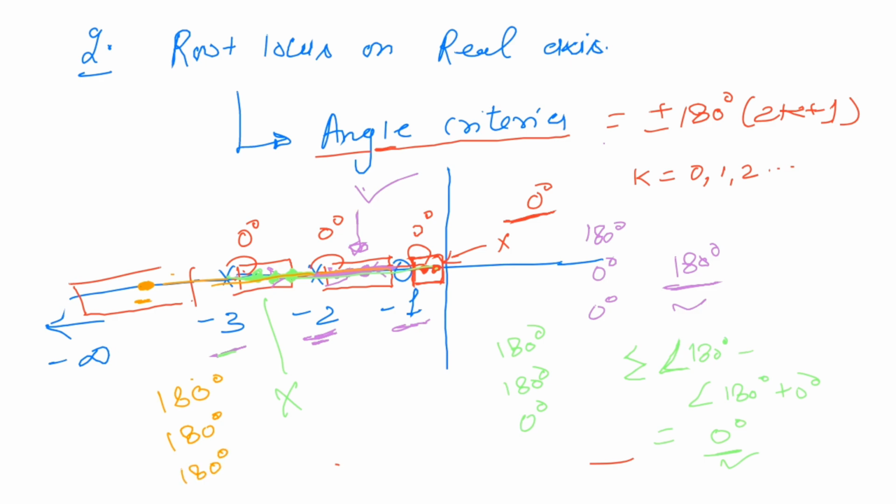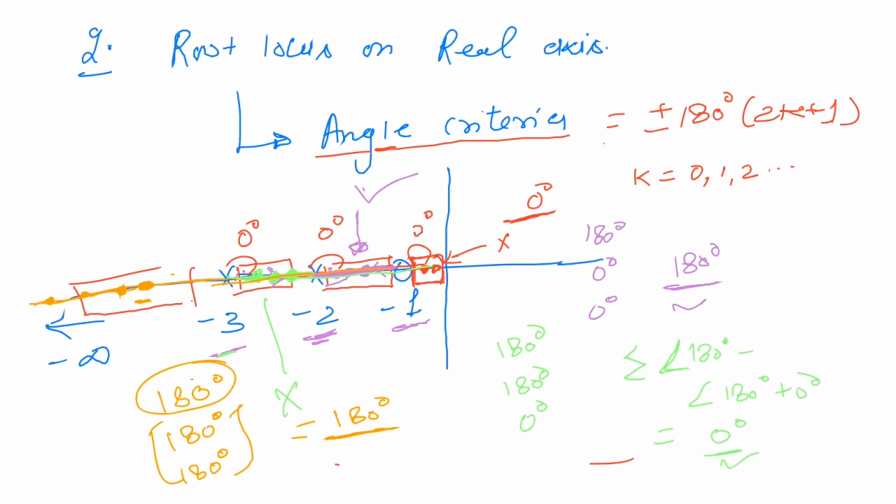The total angle, summation of angles made by poles minus summation of angles made by zeros, is 180 plus 180 plus 180 minus 180, which equals 180 degrees, and it satisfies your angle criteria. So any point on this segment from -3 to -infinity satisfies the angle criteria, and this segment will be part of the root locus.